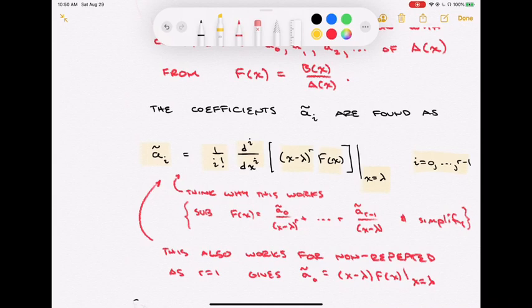I would encourage you to think about why this particular formula works. The way you can tell is you can substitute what the partial fraction expansion is doing. We know we have that f of x and it's going to have all of those terms in there. Apply that operator to that expression and see what happens. What you will find is that when you are working with the coefficient little i, that is the only term that persists or remains on the right-hand side.